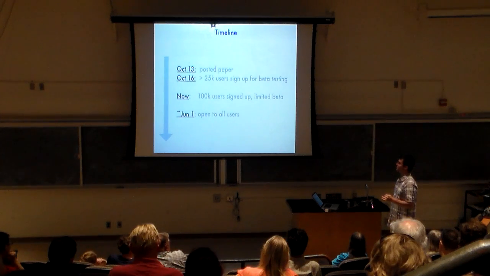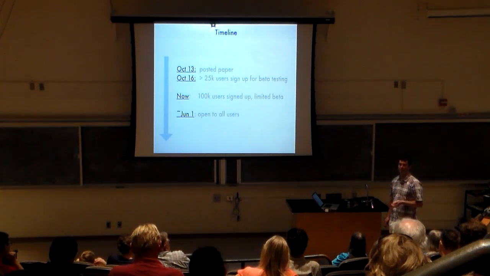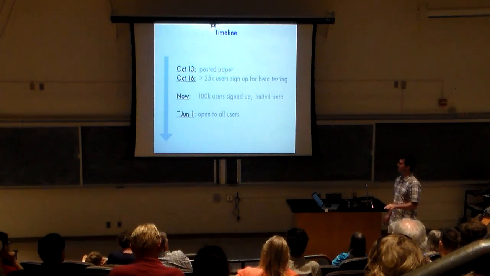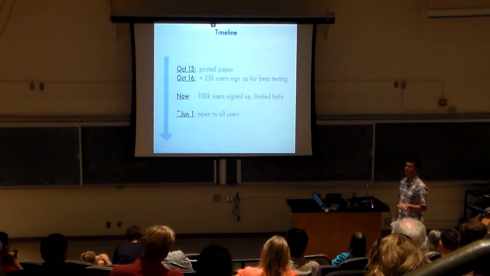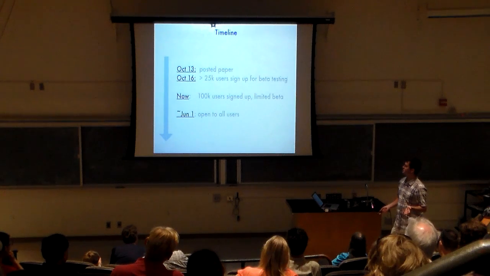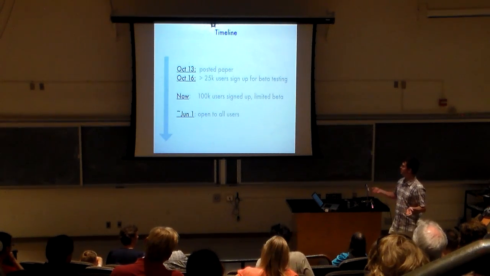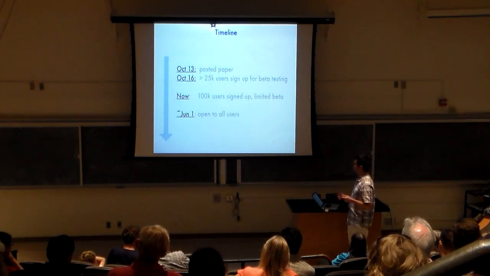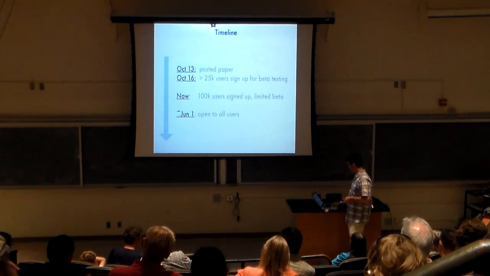So for now, we're just keeping a list, and we have a few thousand people running our application right now. But our hope is that we'll be ready by early summer to go into open beta testing, where we just allow anyone that's interested, and any of these 100,000 people so far that have signed up, to run our application.